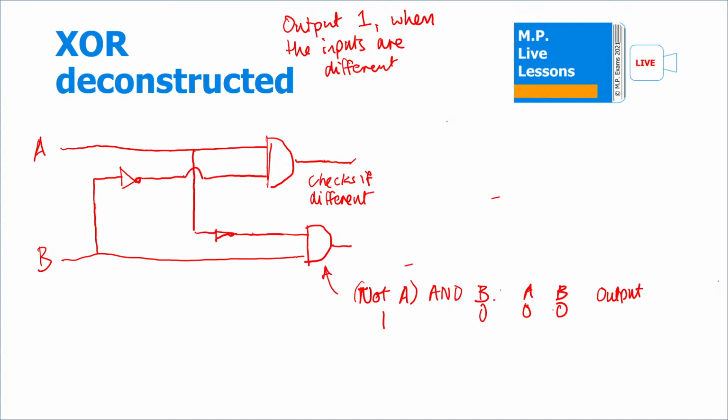That would output 0 since neither of them are 1. Not both of them are 1.